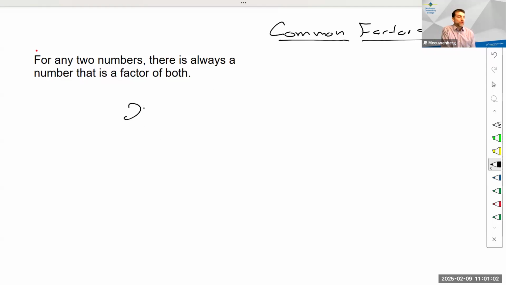And so if I just put two numbers here, 24 and 36, you might just be able to look at those numbers and say, huh, I kind of just know that there's a number that divides both of those. 6, right? 6 is a common factor. 6 divides 24 and 6 divides 36.